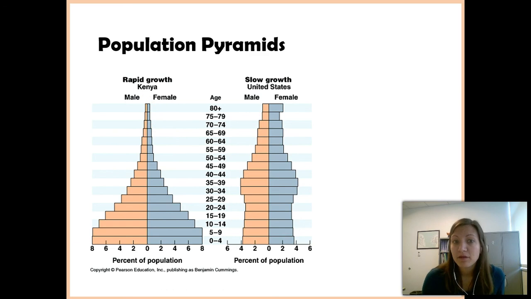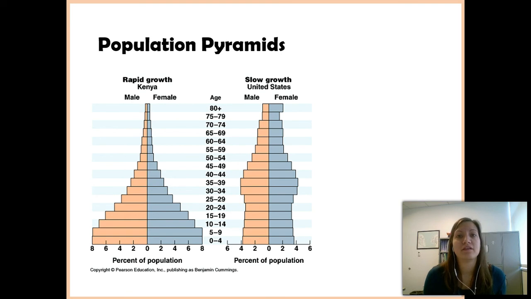You have some populations which are more stable, so they're not really growing and not really declining. The United States is one example of that. We do have some growth, but it's very small. You can see the shape of our population pyramid is quite different from Kenya's, where the offspring bars are a little larger than the reproducing adults, but not much.